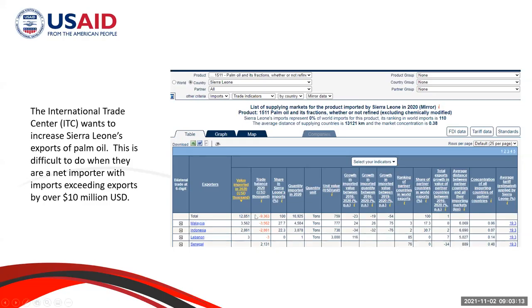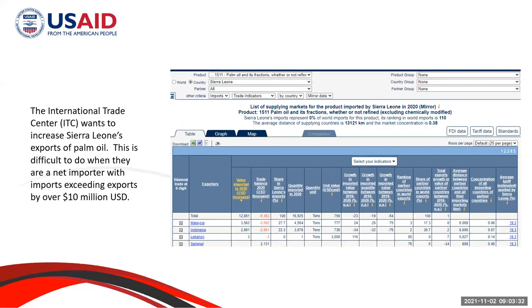And the fact that Sierra Leone is running a deficit tells me that they can't be competitive with them on price. We haven't done a price study. We haven't done a study in country, and we haven't been able to compare the qualities. But from the statistics, it looks unlikely that they're going to have a competitive advantage coming into this market.